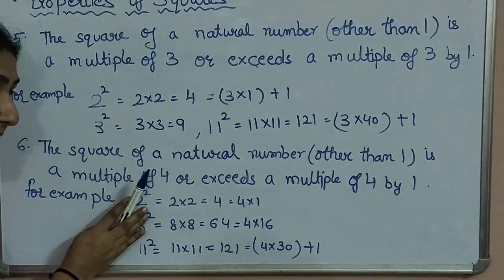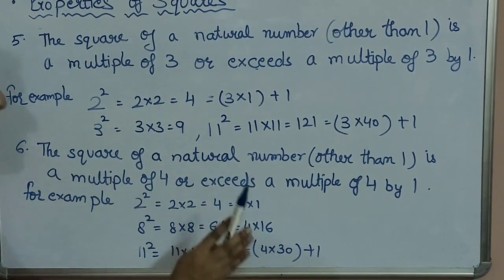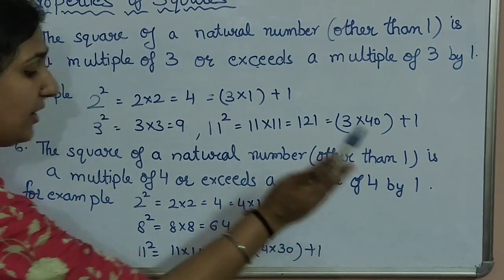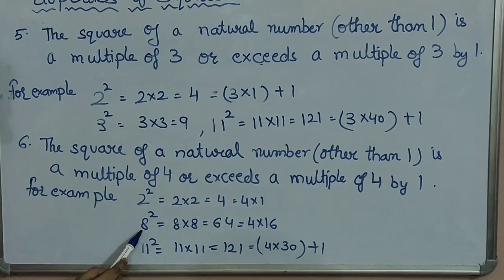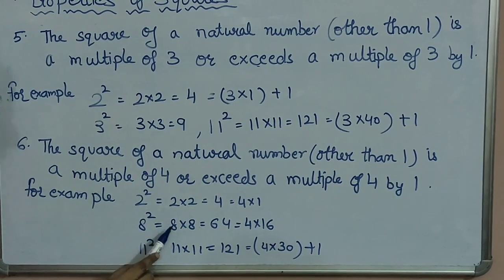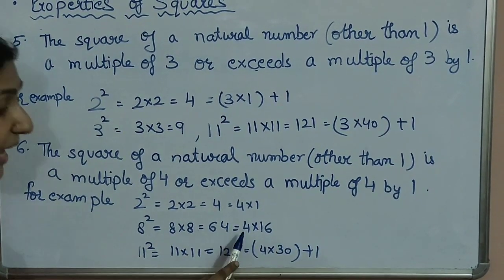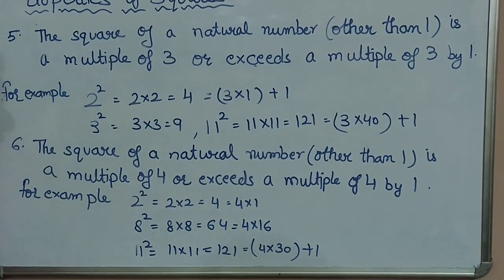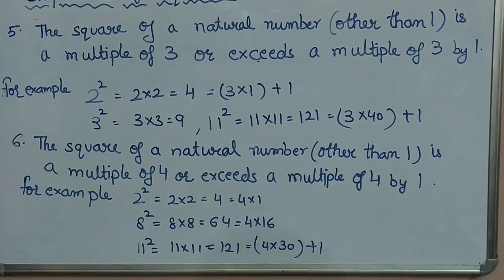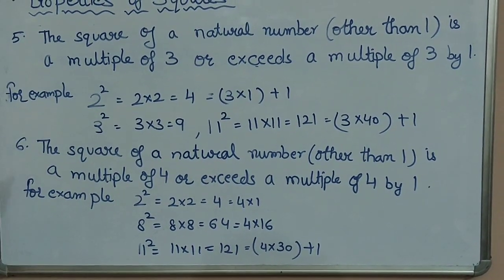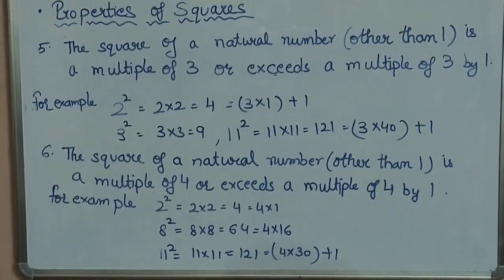It can be a multiple of 4 or it can exceed a multiple of 4 by 1. We have taken an example here, 8 square. 8 into 8 is 64, and that is a multiple of 4. 4 sixteens are 64. Okay, so this is property number 6.